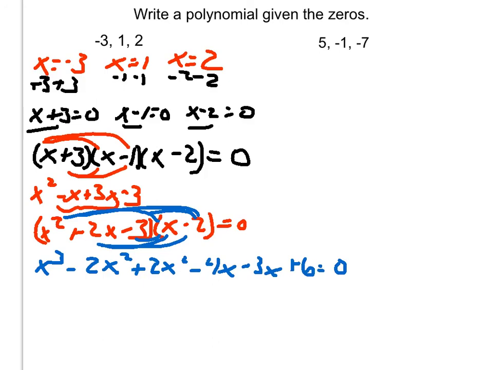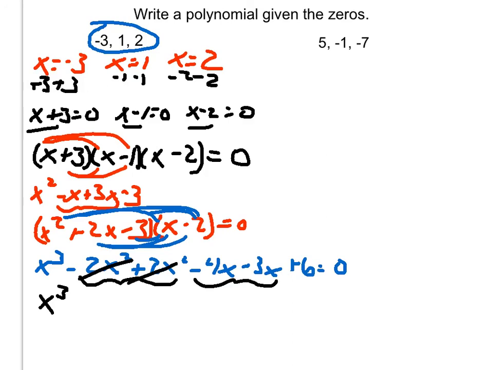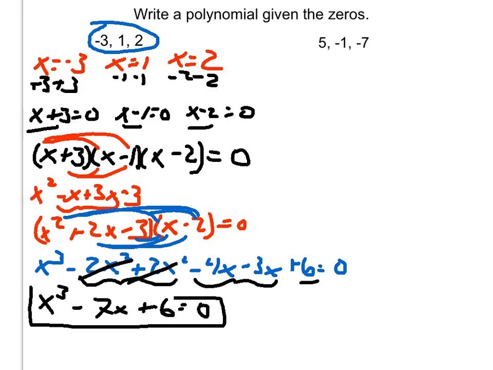So the equation that would give us these 3 zeros would be right down here at the bottom once we combine all of our like terms. So we have an x cubed, and then we combine our x squareds, which there are none because they get rid of each other. And we combine our x's, so it's going to be minus 7x. And then we have our constant of plus 6. So there's the polynomial function, or polynomial equation, that would give us these zeros.